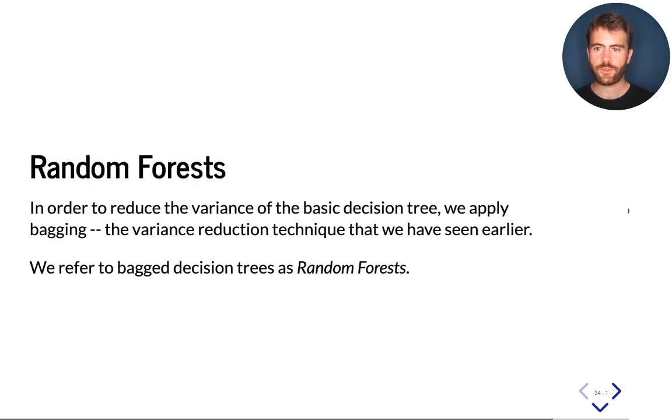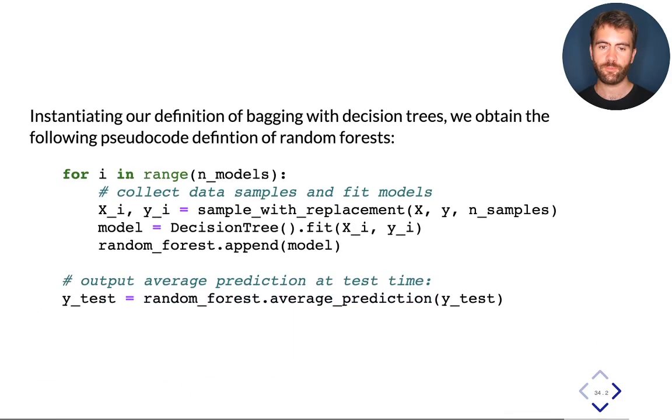So random forests are a way of addressing this overfitting and high variance problem using the technique of bagging, which we have seen earlier. A random forest is nothing but a bagged decision tree, or an ensemble of bagged decision trees. So it is bagging applied to a decision tree model.